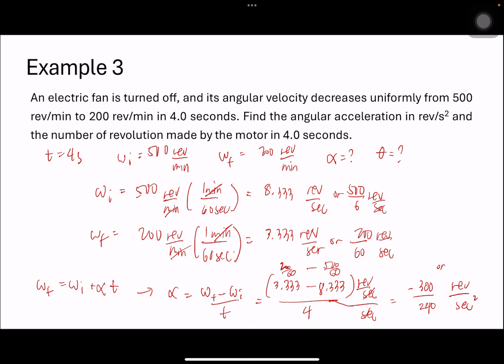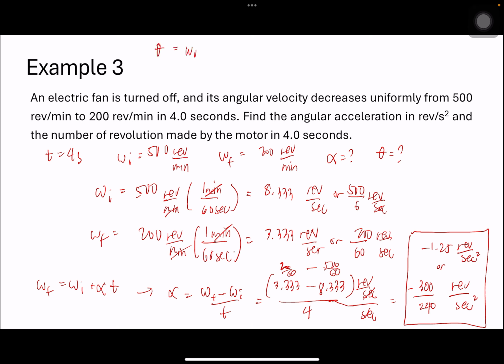So it will be 300 divided by 240. This will give us negative 1.25 revolutions per second squared. This will be your angular acceleration.